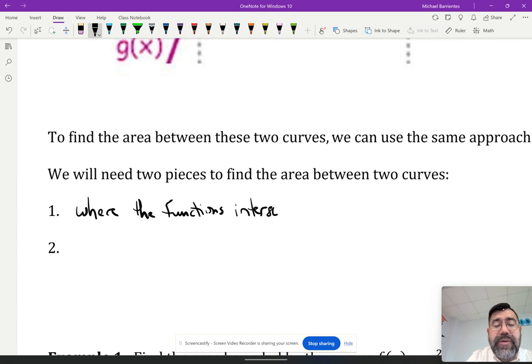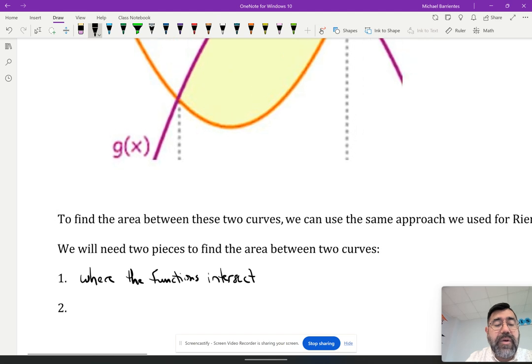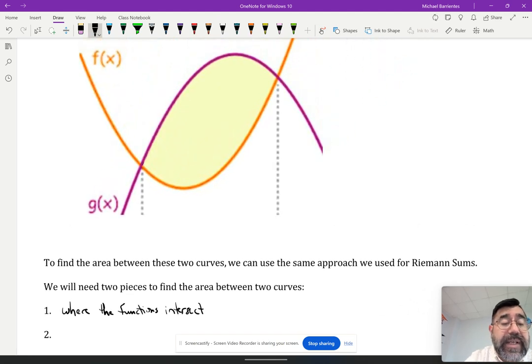Now, why do I need to know where the functions intersect? Well, because I need to know a starting point and an ending point, right? I need to have my a to b. If I'm going to build an integral, I need to know where to start and where to end. So I need to know those intersection points.